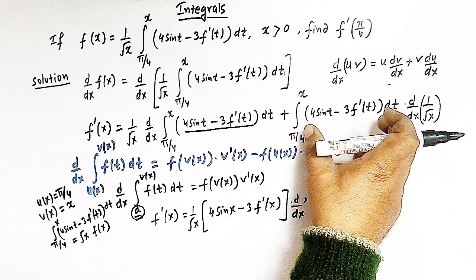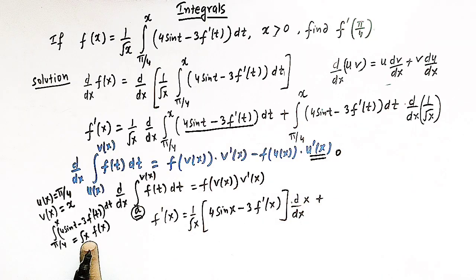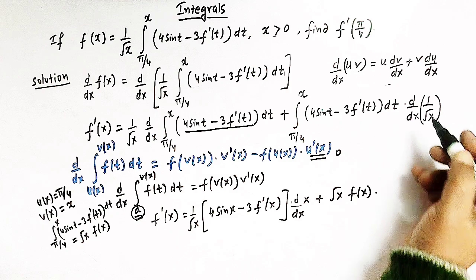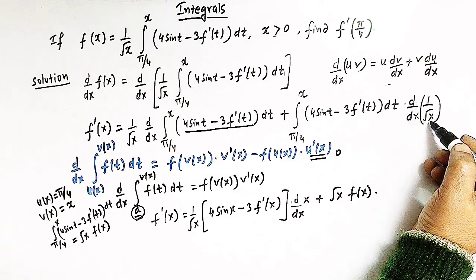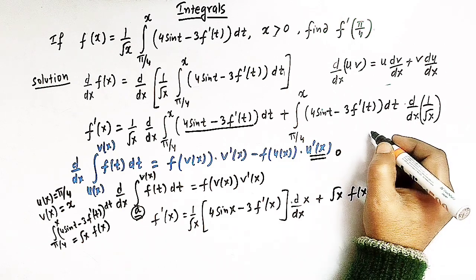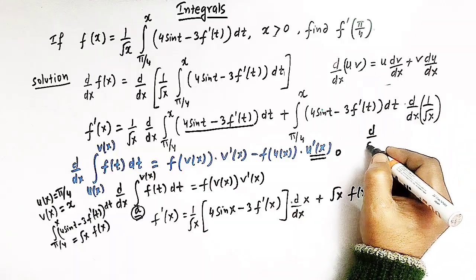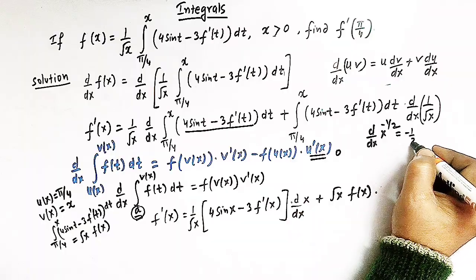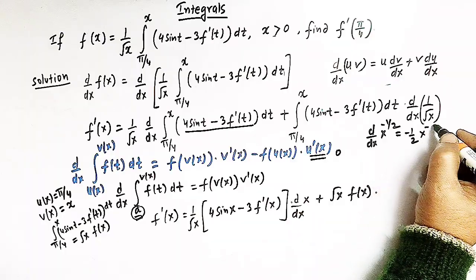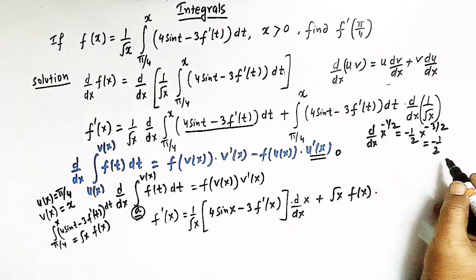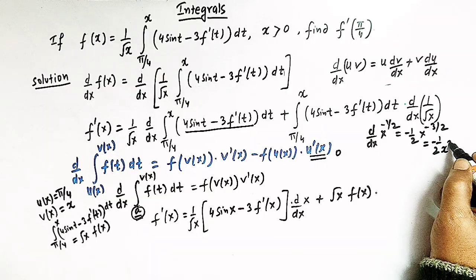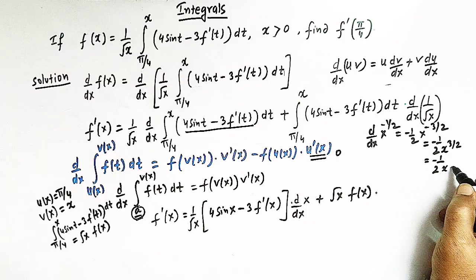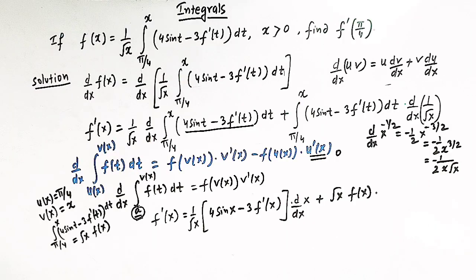So taking the value of this integral as root x times f of x, we have now the derivative of 1 over square root of x, and the derivative of 1 over square root of x can be written as x raised to minus half here. Then we have minus half and x raised to minus 3 by 2, that is x raised to 3 over 2, which can also be written as minus half, and here we have x times square root of x, right?